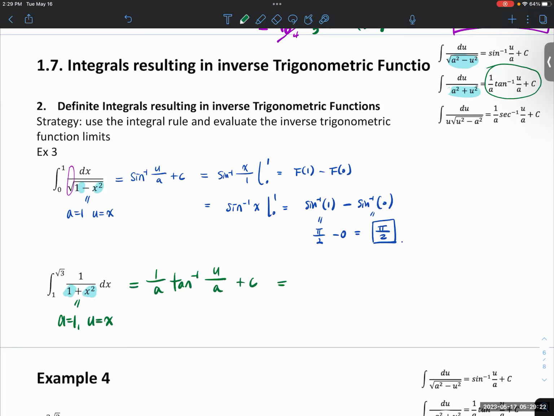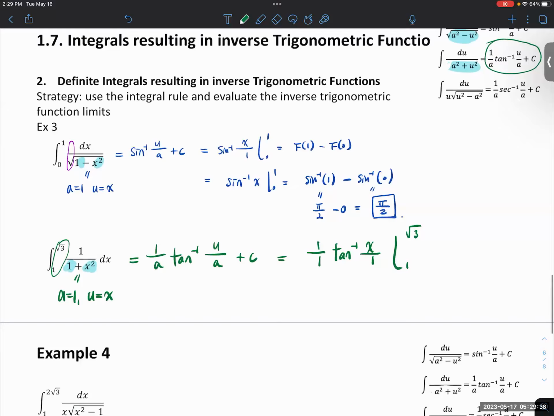So we know a is 1, so 1 over 1 tangent inverse x over 1. And then we have from 1 to radical 3, a definite integral. So that means tangent inverse x, because 1 over 1 is just 1, from 1 to radical 3.